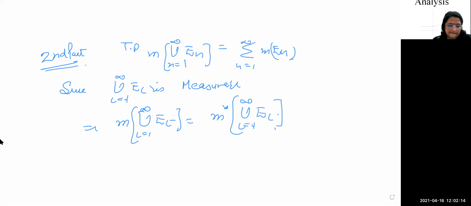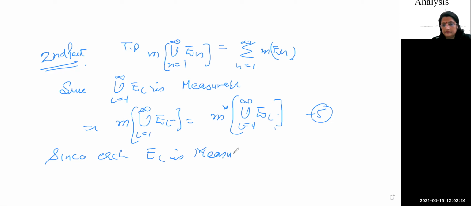This one. ठीक है जी? Let it be number 5. Since each Ei is measurable, it implies measure of Ei is equal to m star Ei, right? Now, by countably subadditive property.